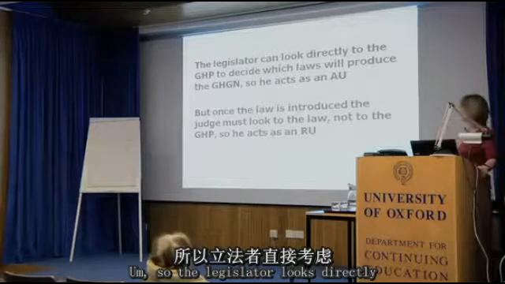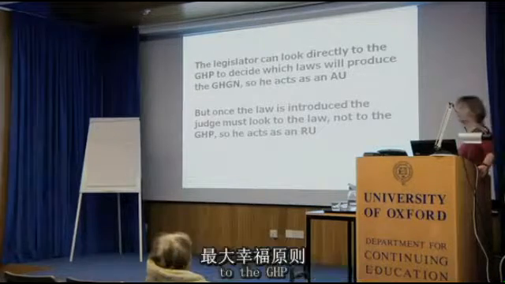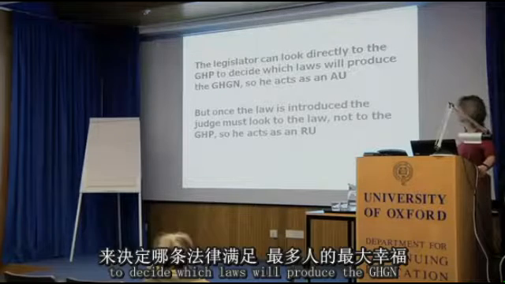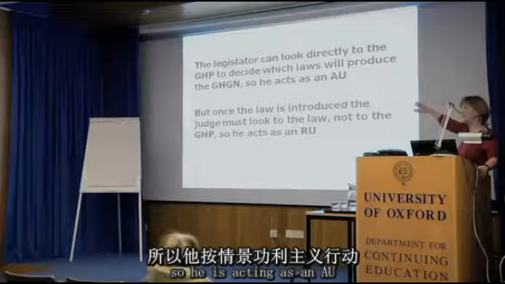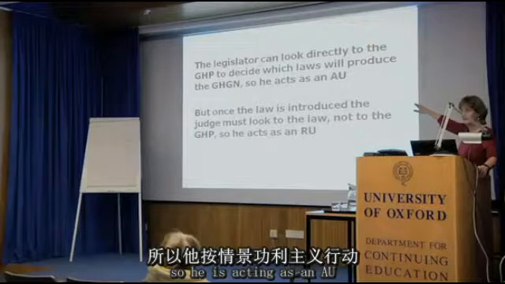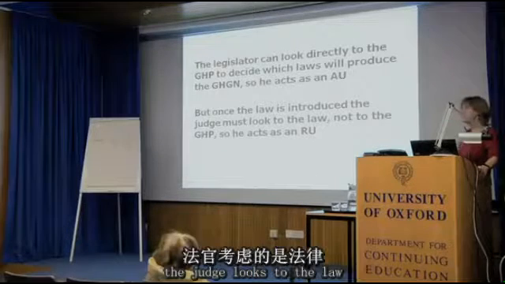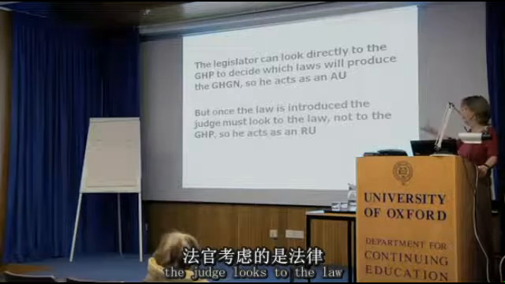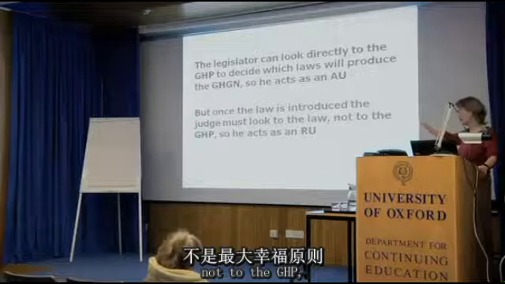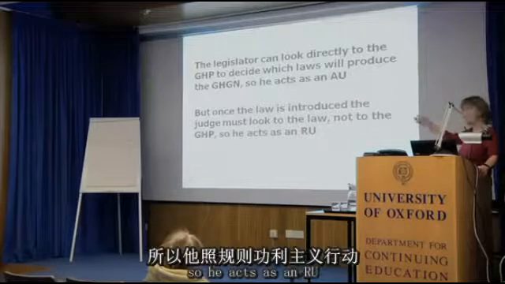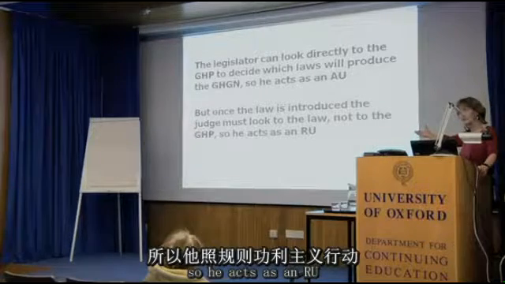So the legislator looks directly to the greatest happiness principle to decide which laws will produce the greatest happiness of the greatest number. So he's acting as an act utilitarian. See what I mean? And then once the law is introduced, the judge looks to the law, not to the greatest happiness principle. So he acts as a rule utilitarian.